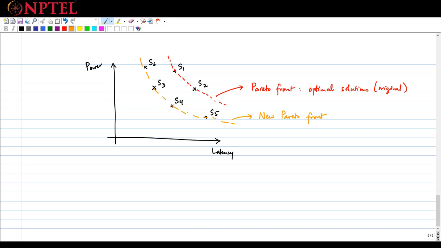I cannot, for example, necessarily find a solution here, right? So is there a solution at this point? Maybe not. We don't know, right? We can't say for sure. Just the fact that I've drawn a line over there doesn't mean that there are actual solutions at that point. So hopefully this helps to clarify the question of how Pareto fronts can be generated, or more importantly, how they are to be interpreted.